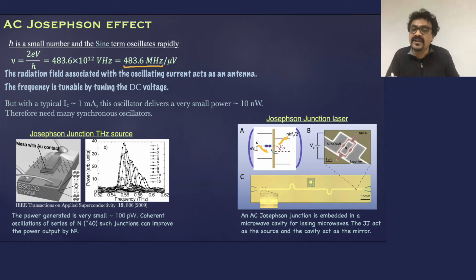This Josephson junction can actually emit and absorb both. Okay, so you have a kind of an artificial atom which actually can emit and absorb the radiation which is embedded in a cavity, and this is going to basically give you lasing action of microwave that is basically gated by the Josephson effect.